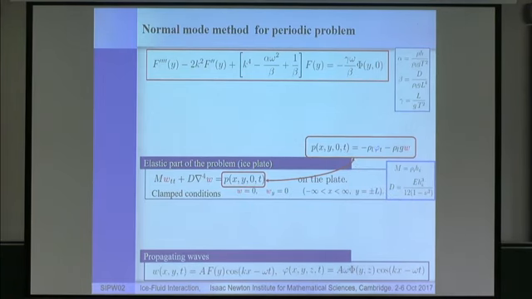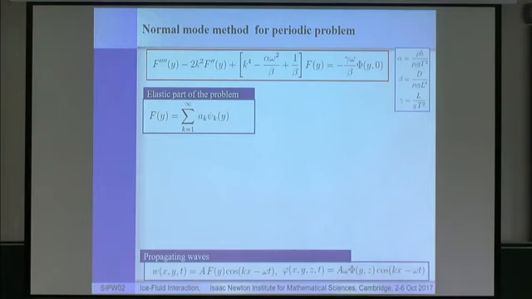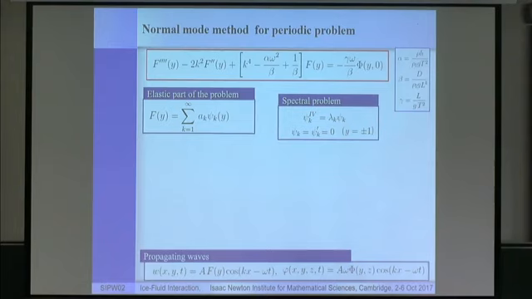And this equation is quite nice according to the shape function, and we can solve this problem by the normal mode method and expand the shape function on the series of the special modes. These are dry modes, but the condition is like a frozen condition.